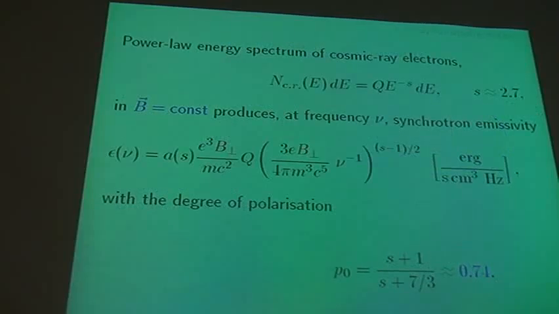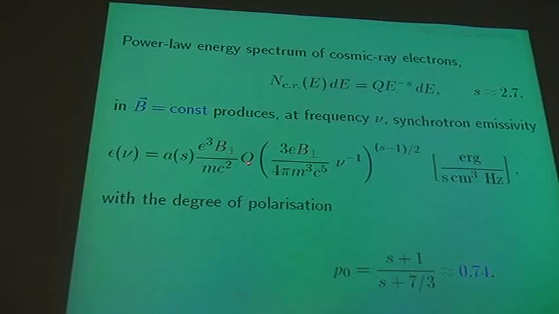Here, the amount of energy emitted per second, per cubic centimeter, per unit frequency range is given here. A(s) is some function of the spectrum of the electrons, of order 1. Electron mass, electron charge, electron mass, c squared, the magnetic field appears here.